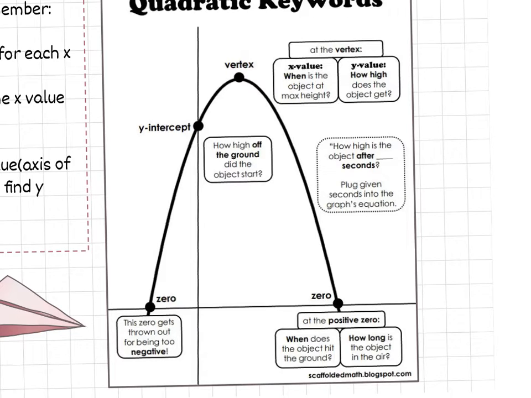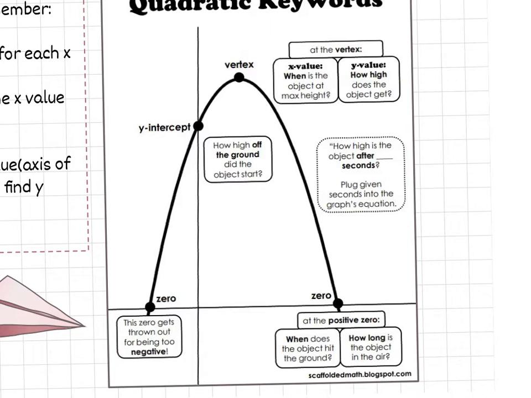The y value tells you what the maximum height is, because the y value gives you the maximum. So if this was a rocket or a paper airplane or a soccer ball or anything really that you throw into the air, it will make a parabola. It will arc somehow, and then it comes down because of gravity.